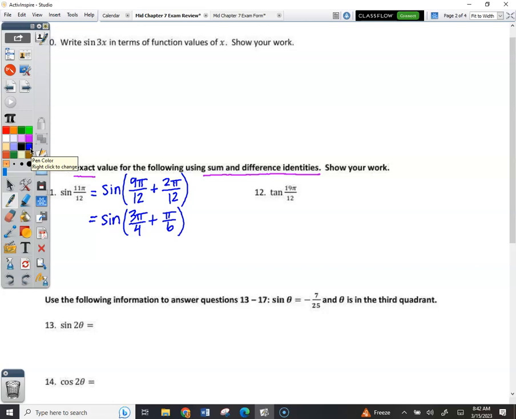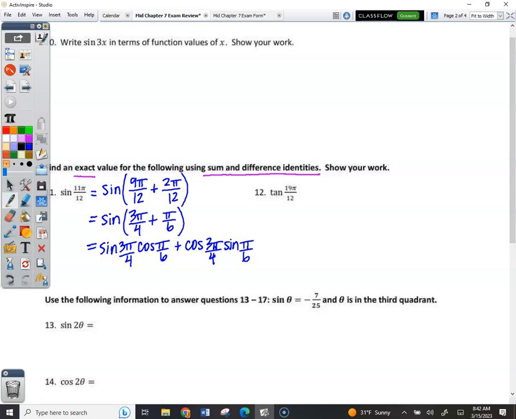It says sine U cosine V plus cosine U sine V. Now what you've just done is taken something that we cannot evaluate by the unit circle.